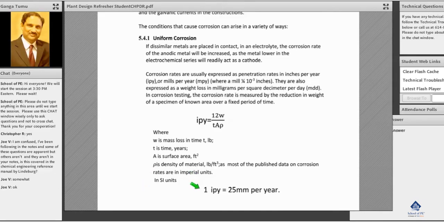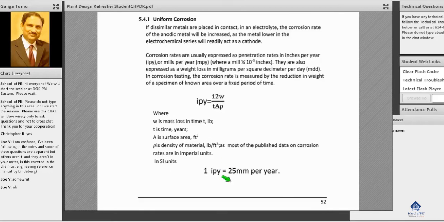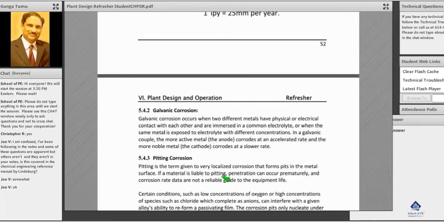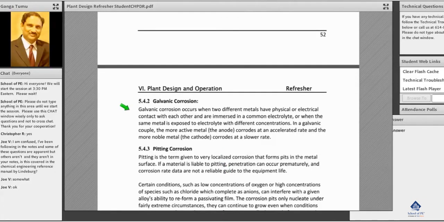These rates are in imperial units. They are also expressed in SI units, where 1 IPY is 25 mm per year.